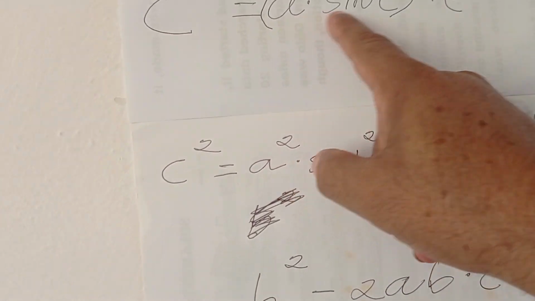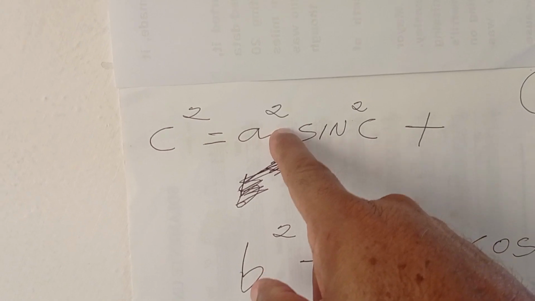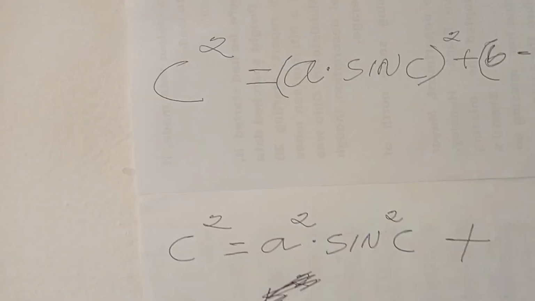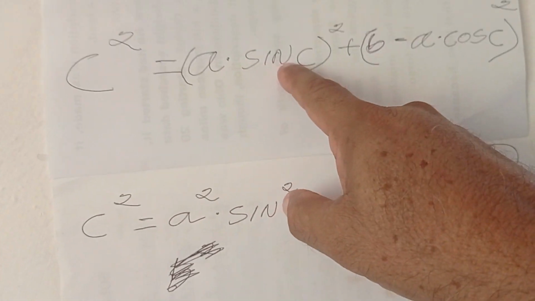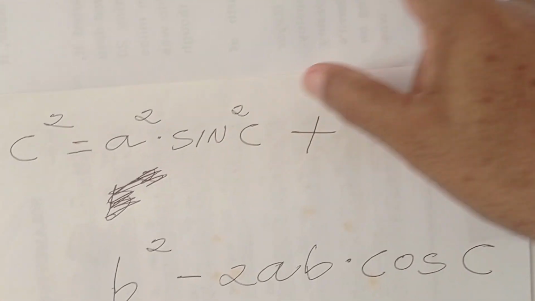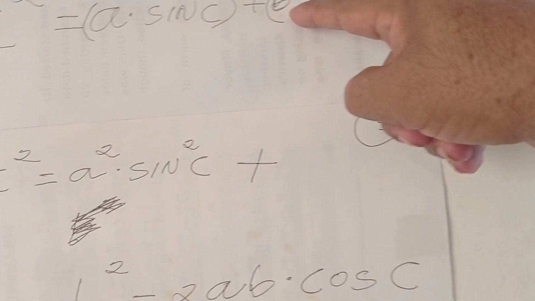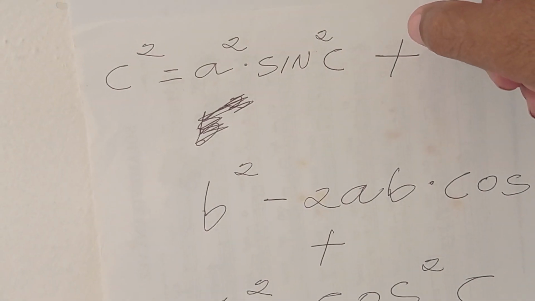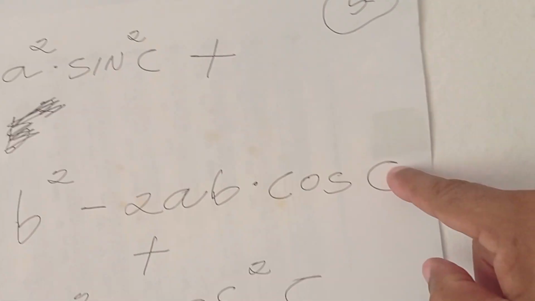We've got A squared multiplied by sine C squared here, plus, this is a notable product: the square of the first term, plus double the product of first term and second term, 2ab, plus the square of the second term, cosine C squared.